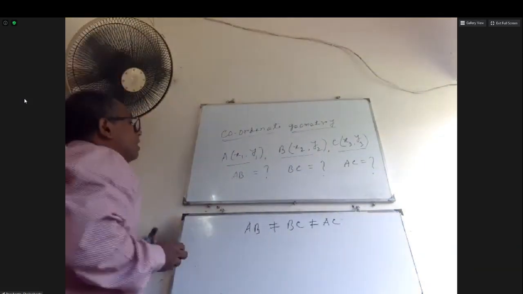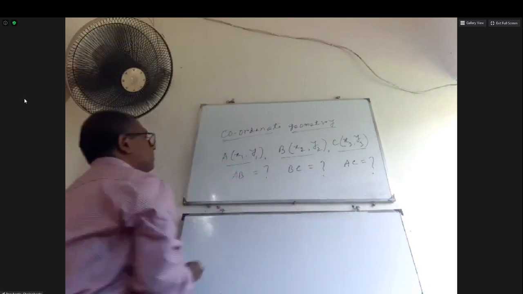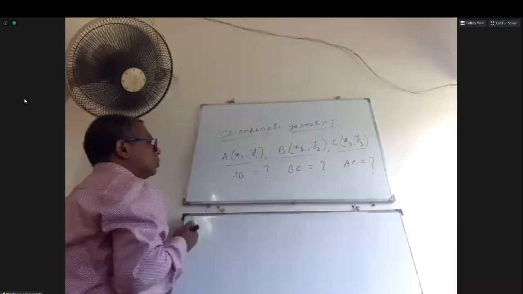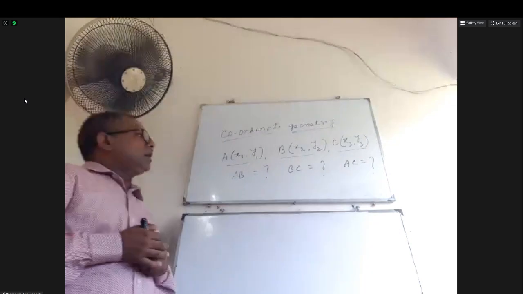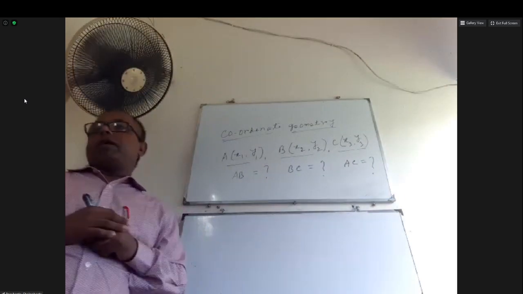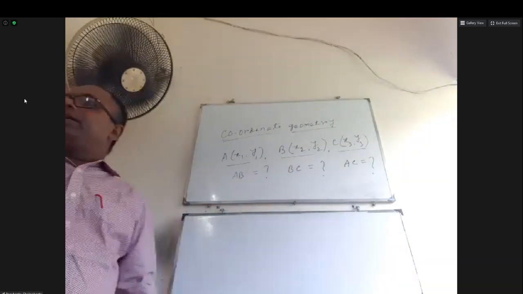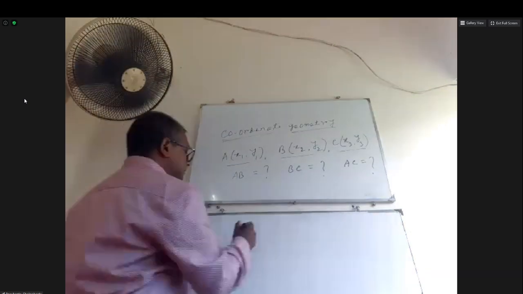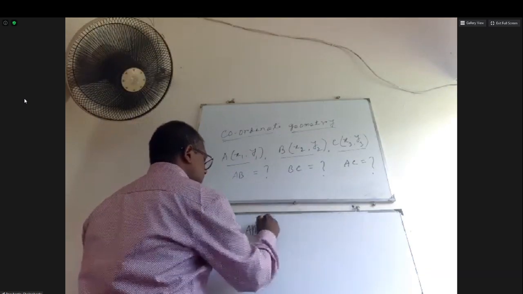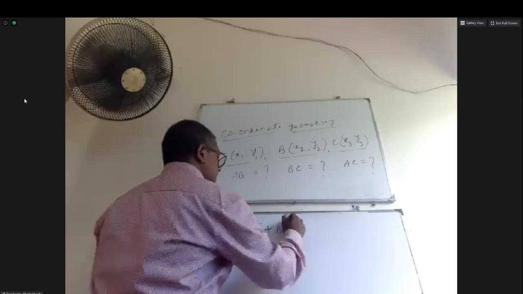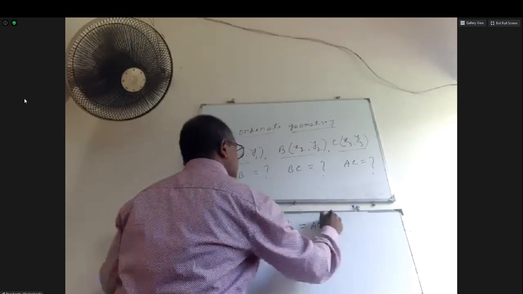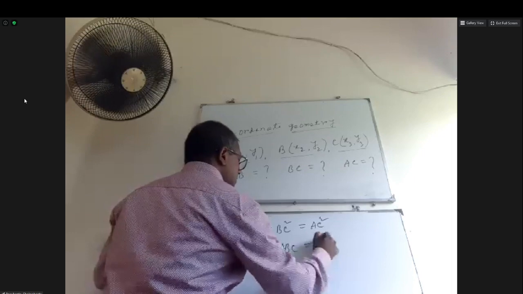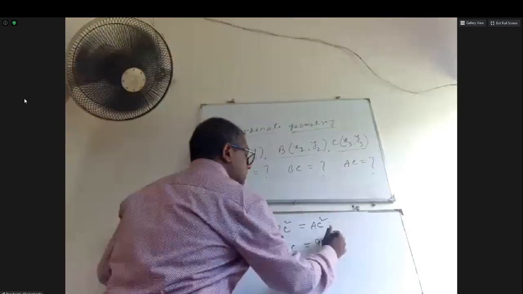So now we can say right angle triangle. In the case of a right angle triangle, if AB, BC and AC satisfy the Pythagoras theorem, that is AB square plus BC square equal to AC square, then in this case angle ABC equal to 90 degrees.